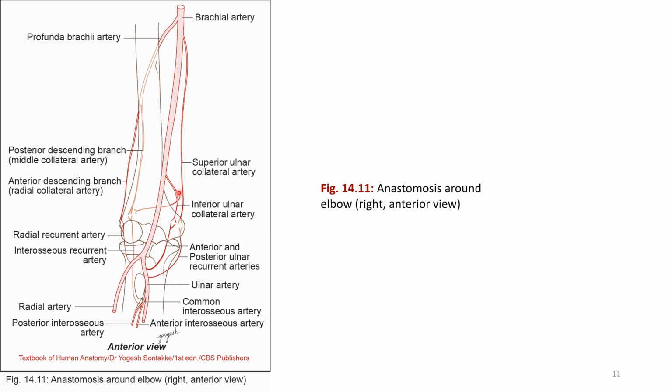As you can see here, a transverse branch from the posterior division of the inferior ulnar collateral artery. So there is a transverse anastomosis at the olecranon fossa.